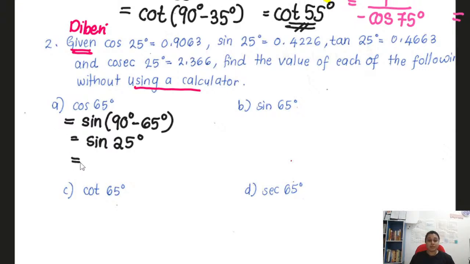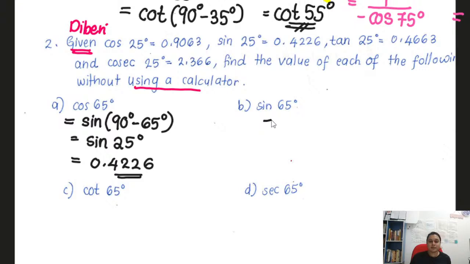Ada. So just salin only lah. 0.4226. Usually like this you get 2 marks. Tapi if you terus guna calculator cos 65, 0.4226, that's like 1 mark only lah. So you have to use complementary, sudut complementary.